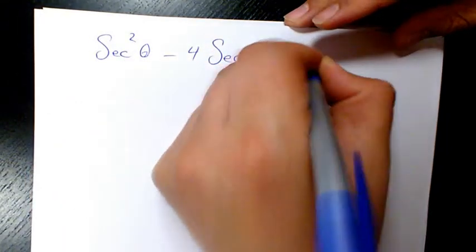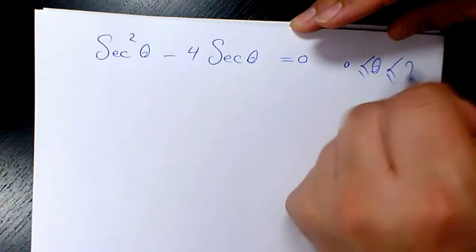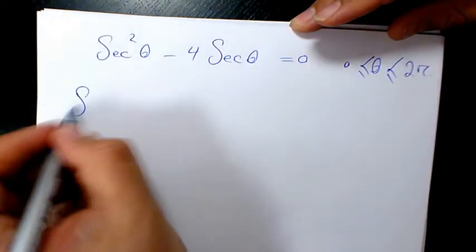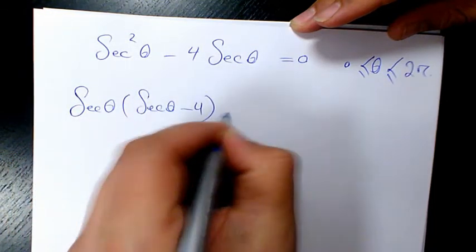Next example, we have secant squared theta minus 4 secant theta equals 0 when theta is changing from 0 to 2 pi. When you factor, you have secant theta times secant theta minus 4 equals 0.